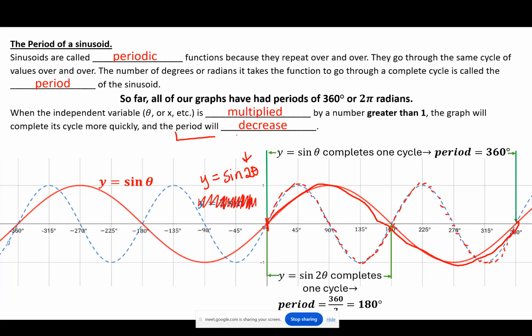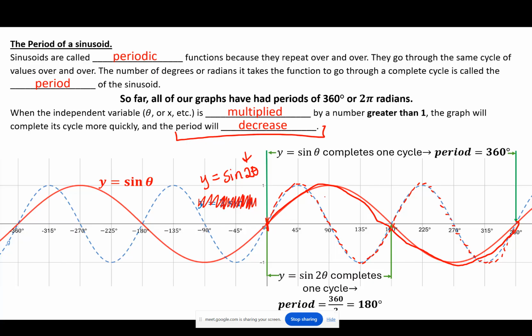The period decreased because now the period is 180. Because the period tells you how many degrees it takes for the graph to do all of its values from 0 to 1 to 0 to -1 back up to 0. It only takes 180 degrees for that to happen in the dotted blue graph, y equals sine 2 theta.